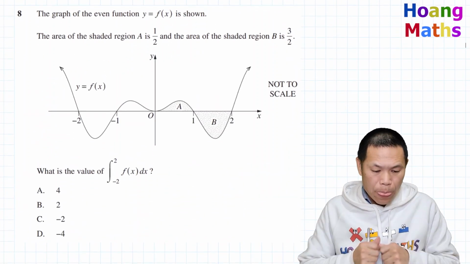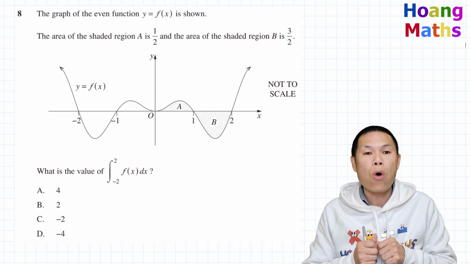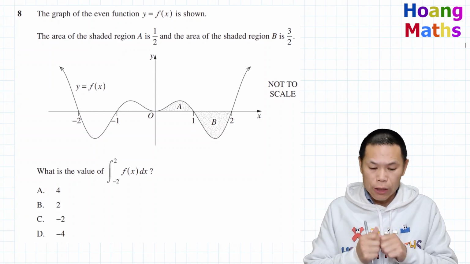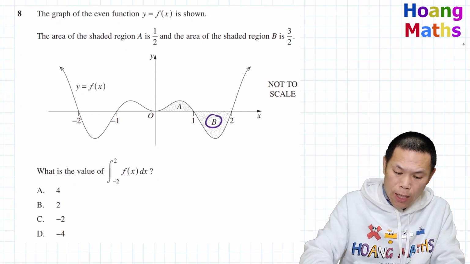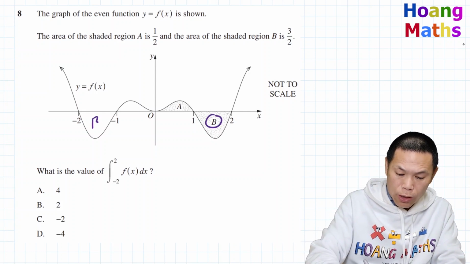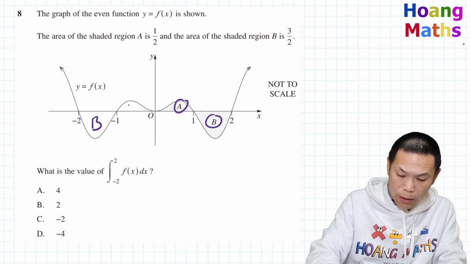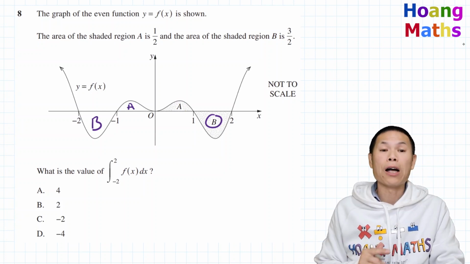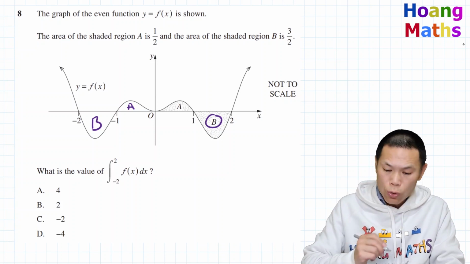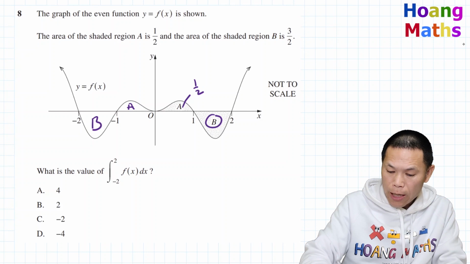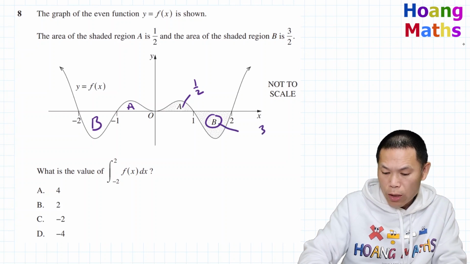Question 8. The graph of the even function y is equal to f of x is shown. So even function means that area B is equal to this area here. So this is B as well. And area A is equal to this area because it's an even function. Now we know that area A here is a half and area B is 3 over 2.